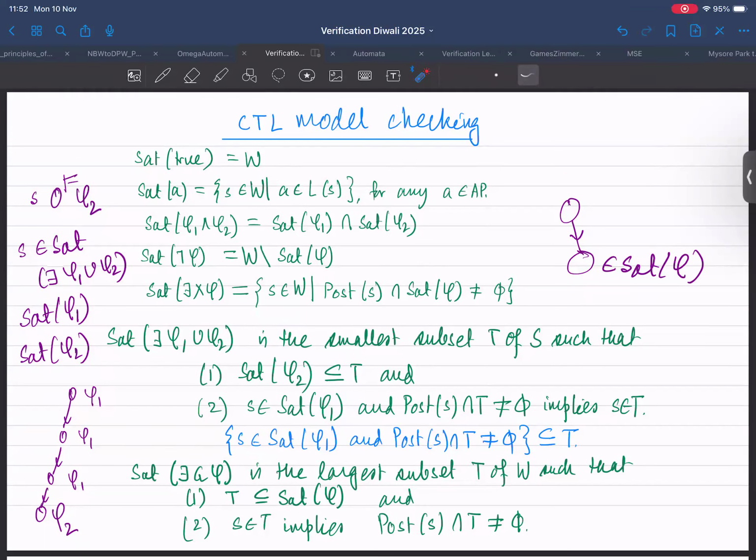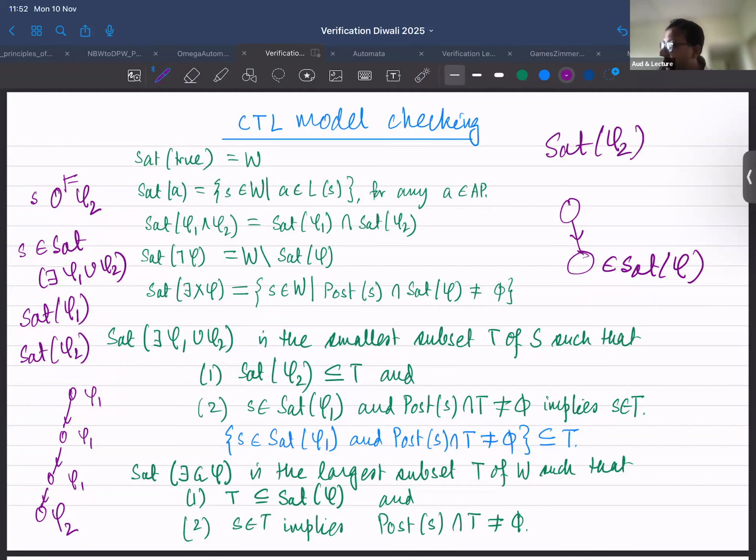Is that okay? Now, in order to compute the remaining states, I say that to start with, my SAT of phi 2 is a set, which I call T. Now I will see all those states which satisfy phi 1 and such that there exists some successor.